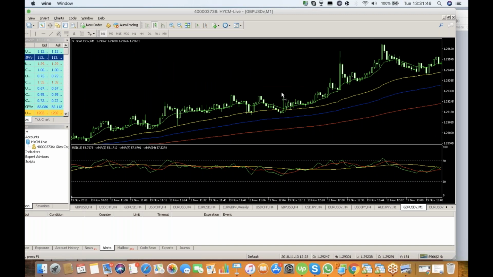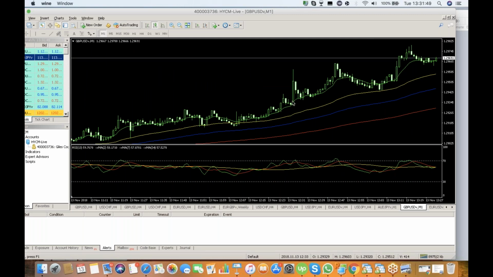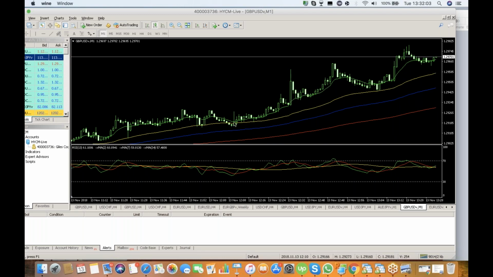Okay, so that was a spike there where it looked like the Brexit deal was going to go ahead. There was something that came over on Reuters, and it was expected that a Brexit deal was going to be advanced. Okay, so you can see that so far the 50 exponential moving average has been respected. It was respected again there when it tested that region.